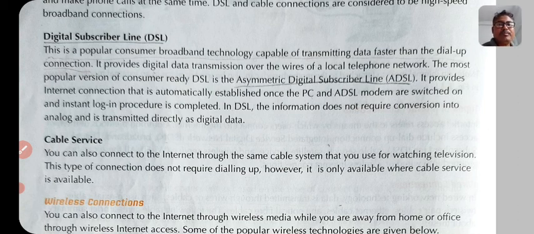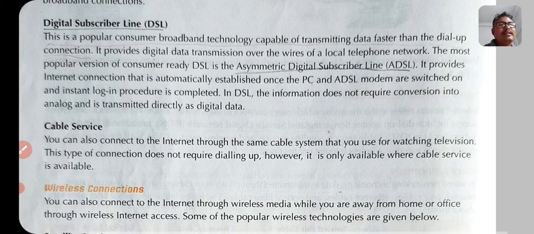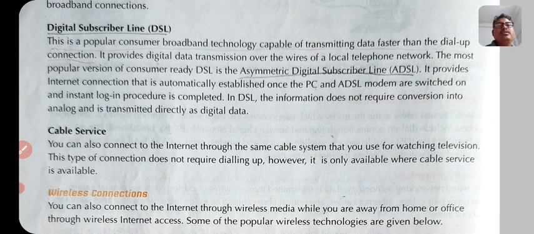The most popular version of consumer-ready DSL is asymmetric digital subscriber line, ADSL. It provides an internet connection that is automatically established once the PC and ADSL modem are switched on and the instant login procedure is completed.